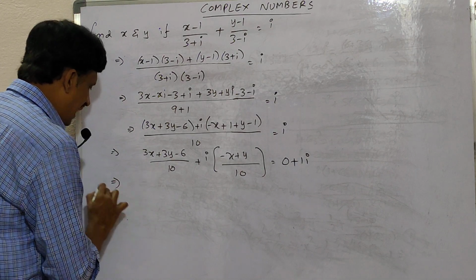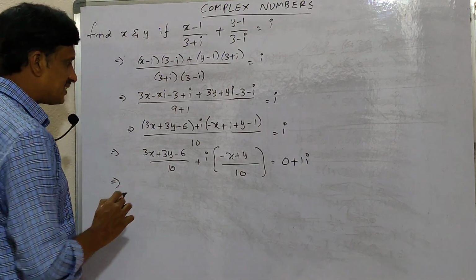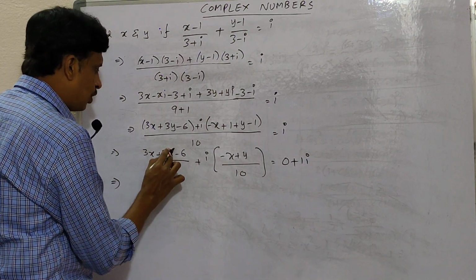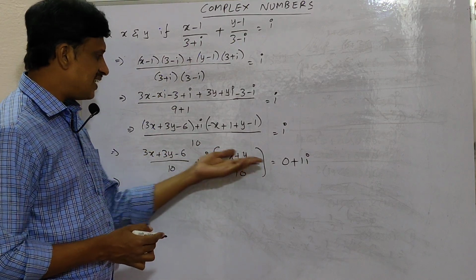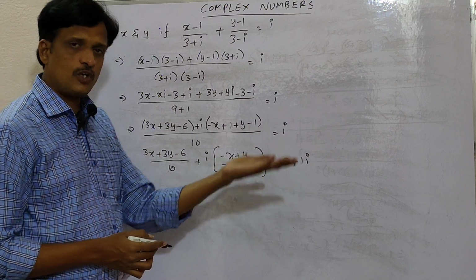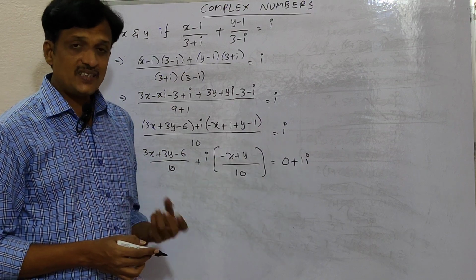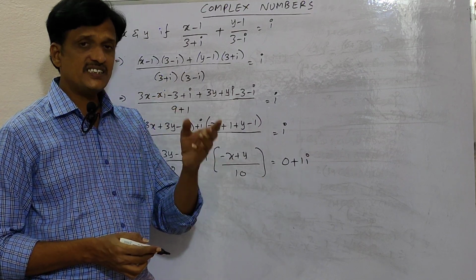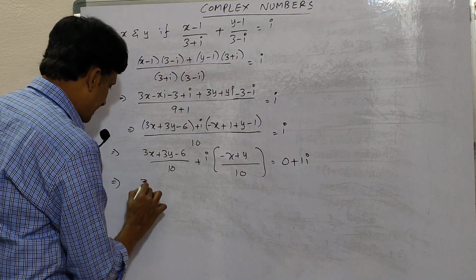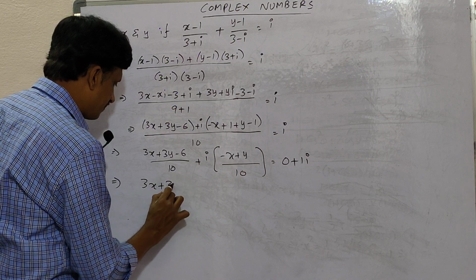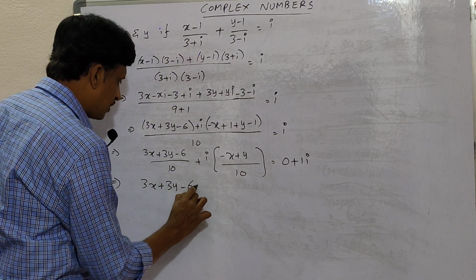Now by equating real and imaginary parts on either sides, you will get this real part is 0, means numerator is 0, because this value by 10 is equal to 0 means the numerator equal to 0 into 10 will be 0. Otherwise, simply you can say that a fraction is 0 when the numerator is 0. Numerator is 0 here. So that gives 3x plus 3y minus 6 equal to 0.